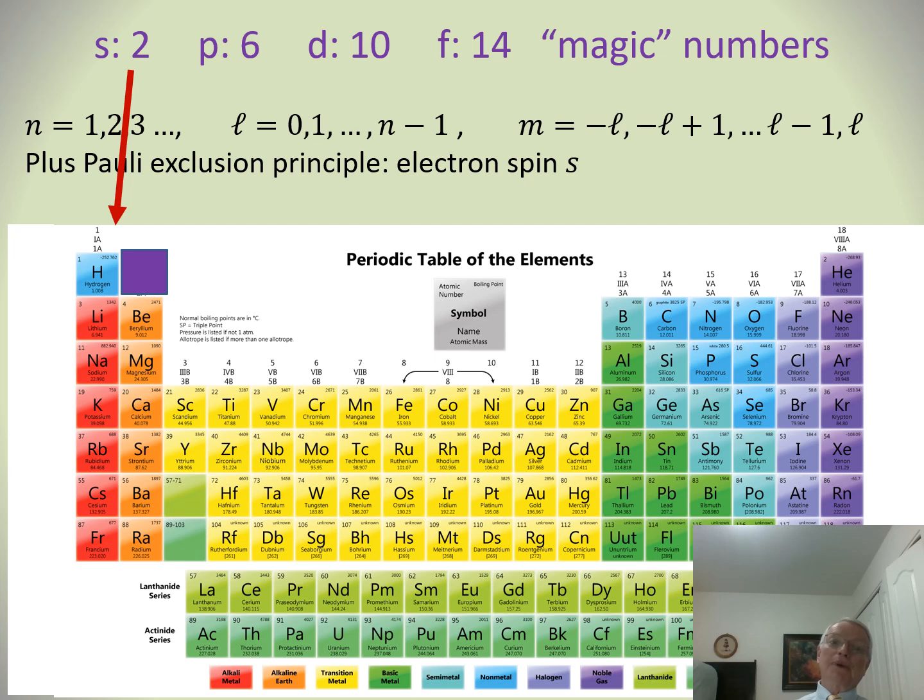And so there are 2 possibilities. So you can have 2 electrons in the S level, and all those elements in the first 2 columns correspond to having either 1 electron, the ones on the left, or the two electrons, that's the second column, beryllium, magnesium, calcium, etc. Those guys have 2 electrons in the S level.